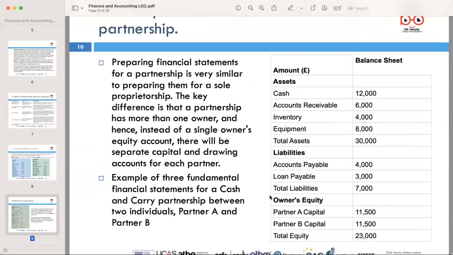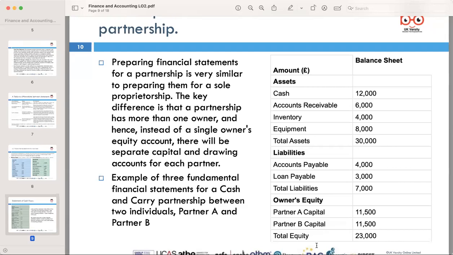Now we will learn how to prepare financial statements for a partnership. Preparing them is very similar to preparing a statement for a sole proprietorship, but with a partnership we have more than one owner involved.